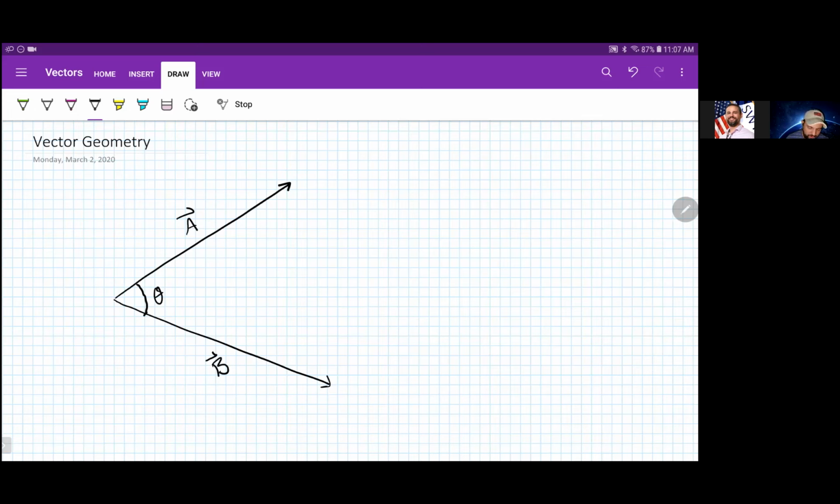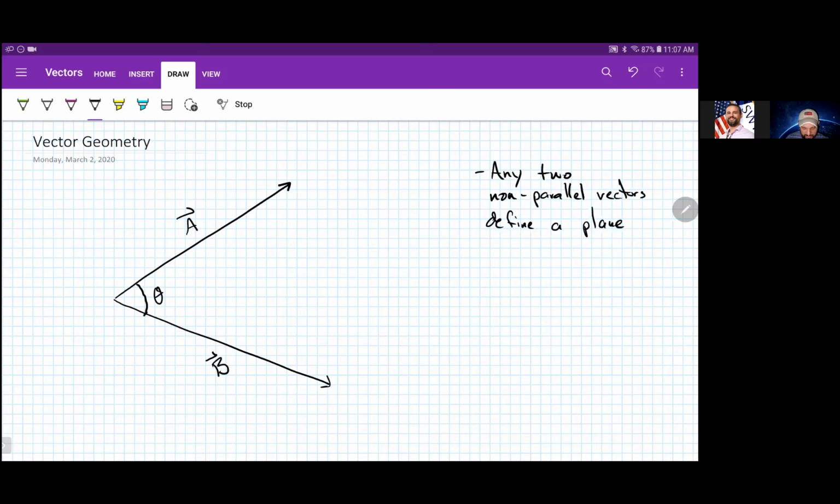All right, so any two non-parallel vectors create, or define, a plane. So I've got what's called an AB plane.